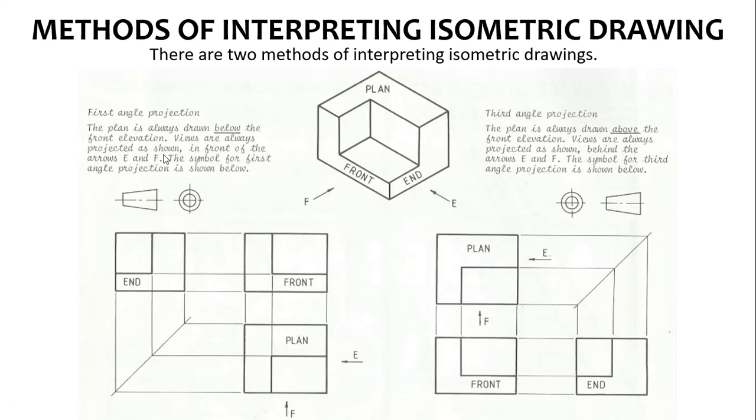What do they mean by the views are always projected as shown? For example, if we have F here, if you look at this arrow F, it's pointing from the left to the right. Another way you could think of is that the drawing is on the right part of this arrow, and then for the end, the drawing is on the left part of this arrow.